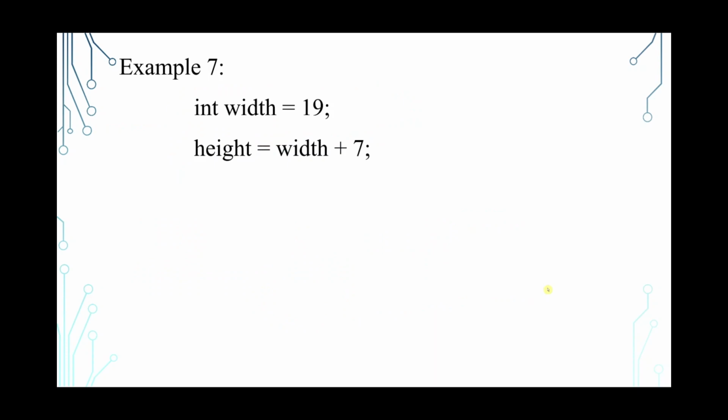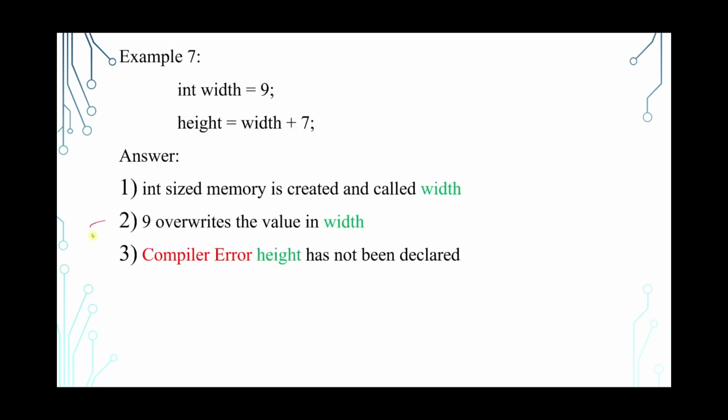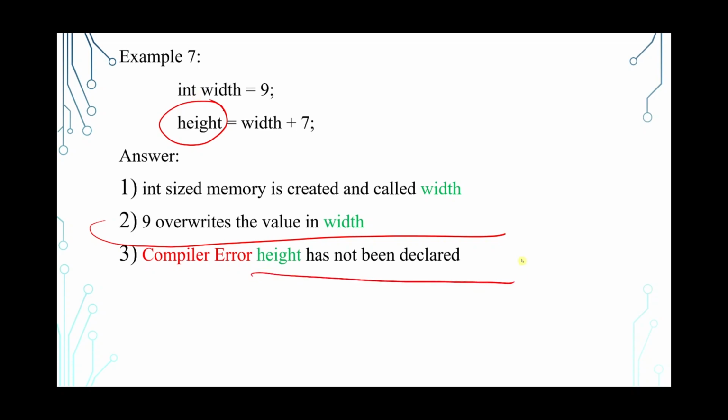Int width = 19, height = width + 7. For this one, there is no problem in the first part, just following those two steps. Int-sized memory is created and called width, and 9 overwrites the value in width. But then where is the data type of height? Height has not been declared, so there is no data type.